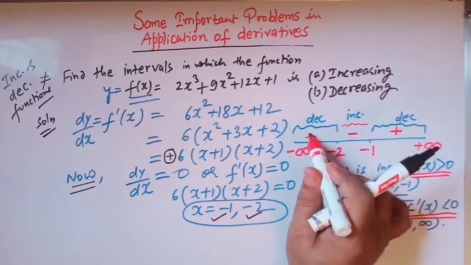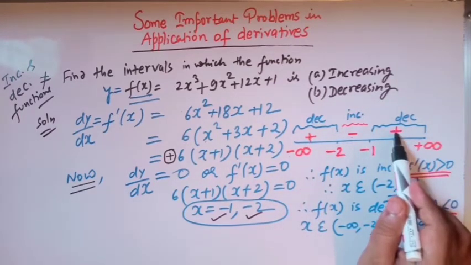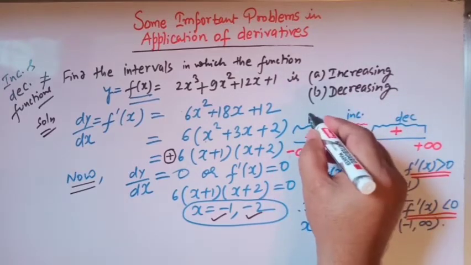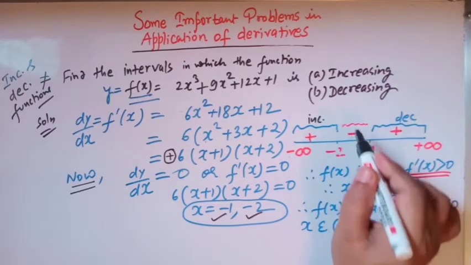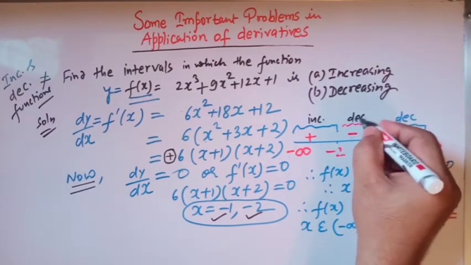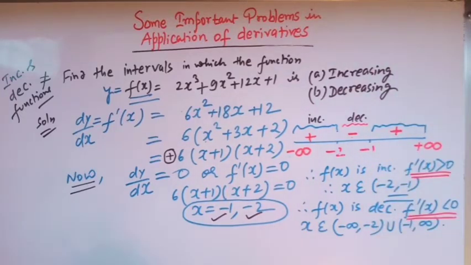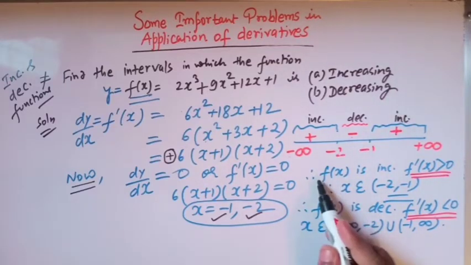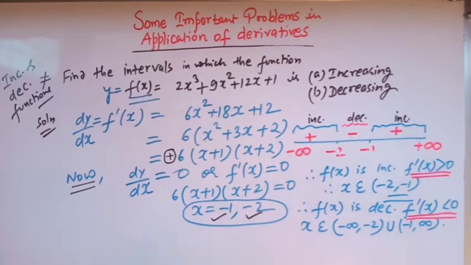And then we have the positive sign. So where we have the positive sign, the function will be increasing. Here we have negative sign, so we have decreasing function, and here we have the positive sign, so we have increasing function, right? So therefore f(x) is increasing when f prime of x is greater than 0.